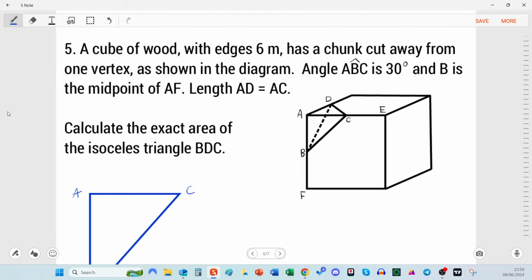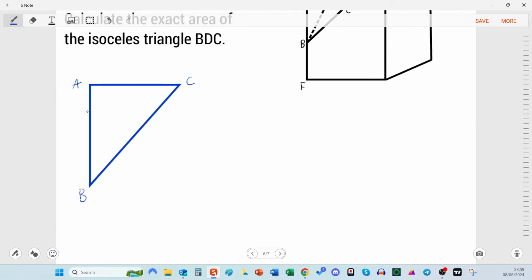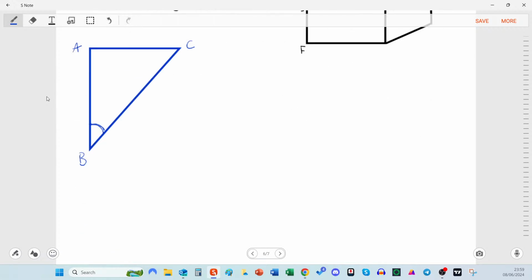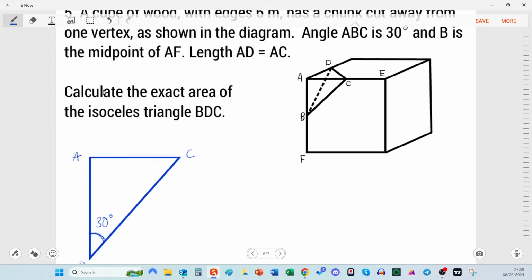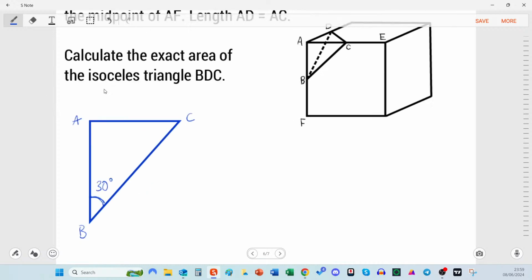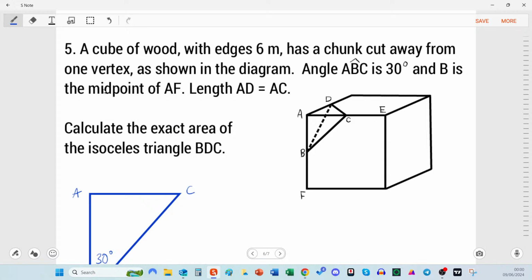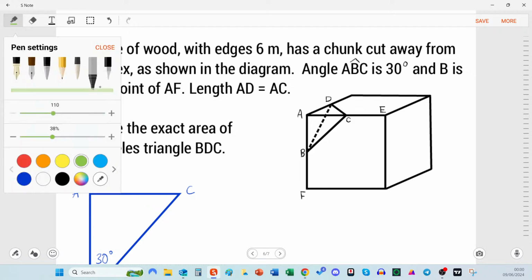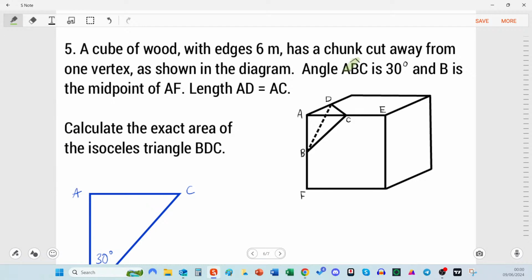Because we're given the angle ABC, which is here. Reminding myself, it's 30 degrees. And here's the other bit of information, I suppose. Let me highlight them both. That's the first bit.